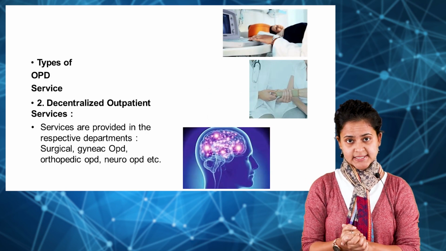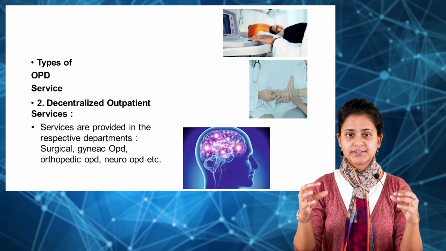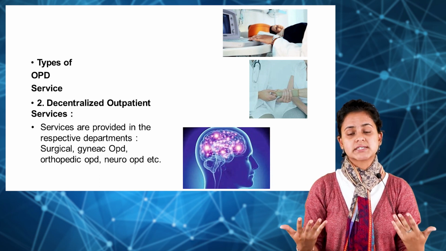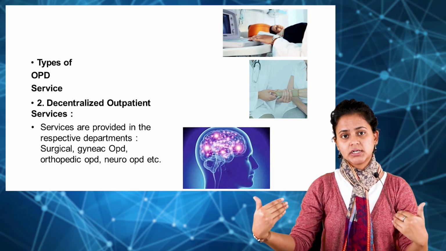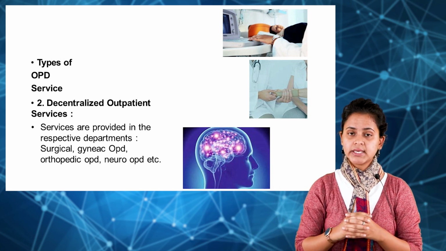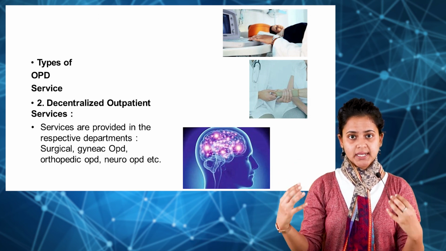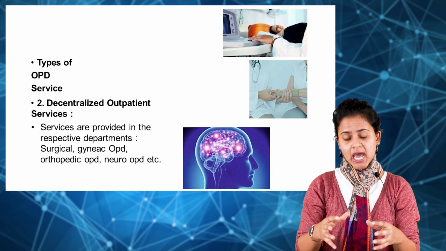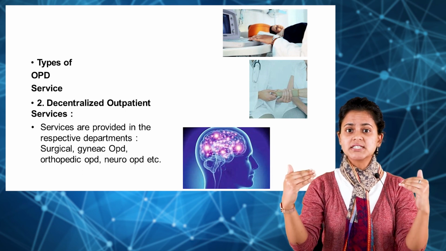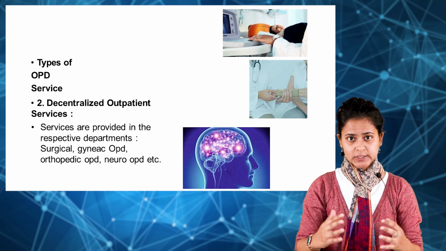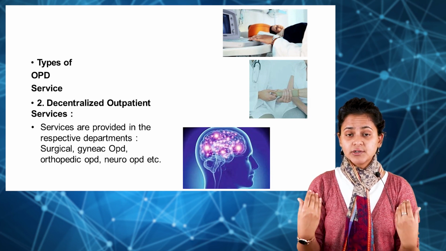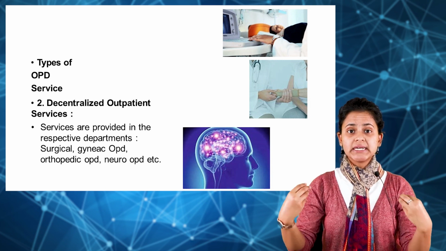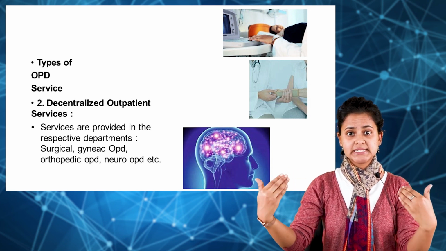Now, the decentralized outpatient department is the second category. Here, services are provided to patients who need medical care in their respective area. These are outpatient departments which are very specific and deal with certain specific disease conditions only. For example, the gynecological outpatient department, where only gynec patients are dealt with.